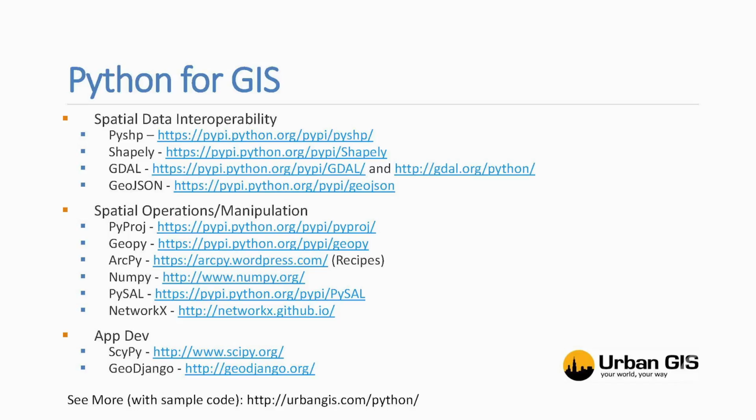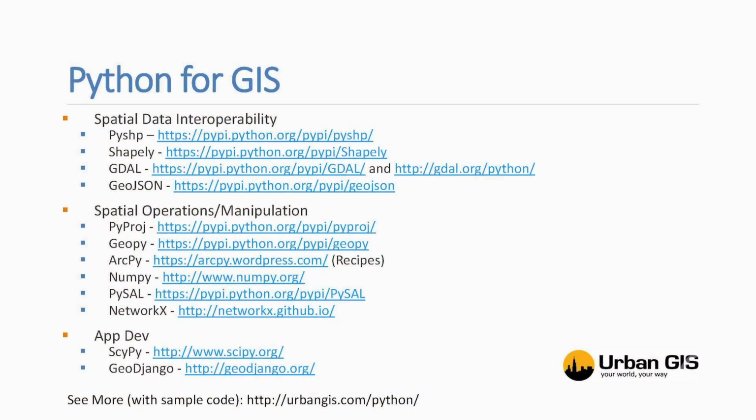GDAL is sort of a whole suite of tools that are available for working with raster or vector data, and is my preferred way of doing data translation and manipulation. PyProj is a tool that can be used for spatial reprojections and spatial transformations. I have an example of that later on.